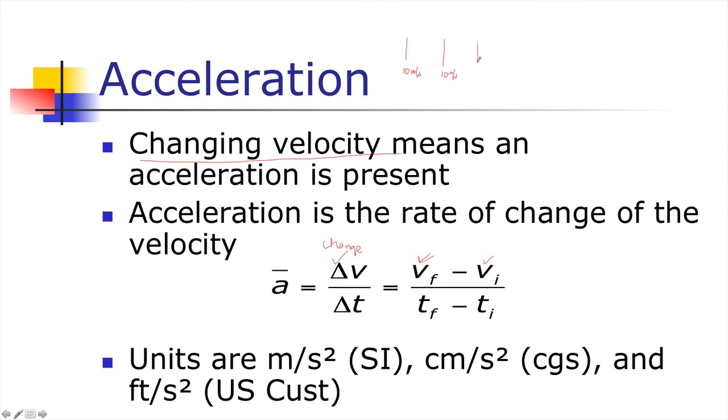After 3 seconds it's 10 meters per second. This guy has no acceleration. Acceleration is a change. In the three seconds it's the same velocity in the same direction. Therefore, this guy doesn't have any acceleration. To have acceleration, you need to have a change. What do I mean by that? Let's say this one, on the other hand, probably need to use a different color.